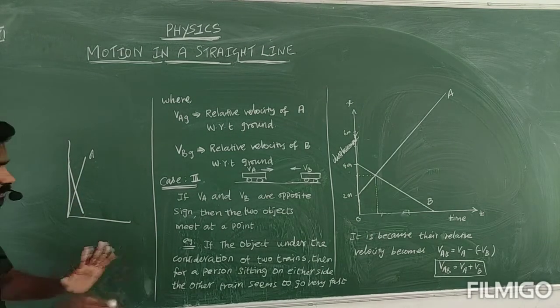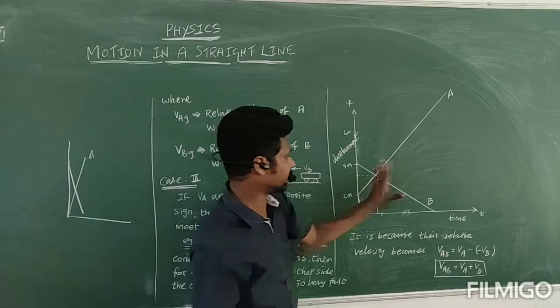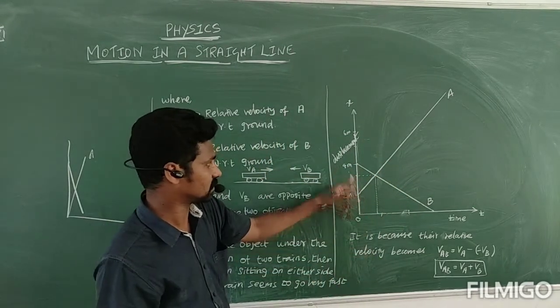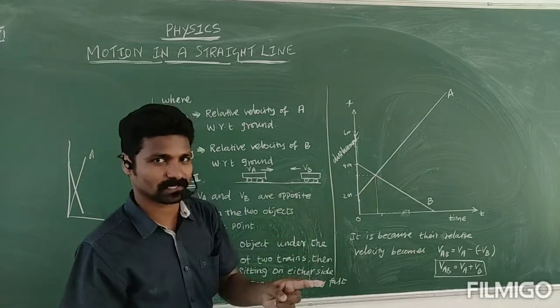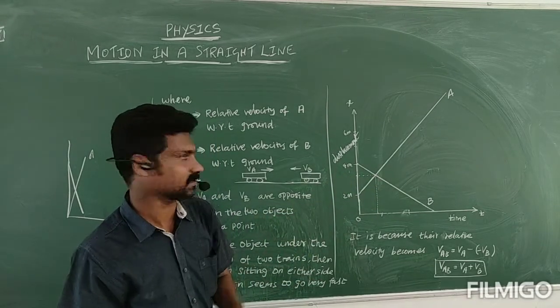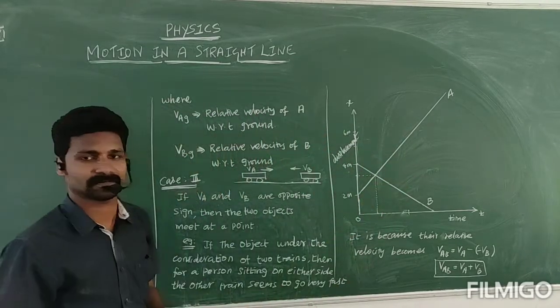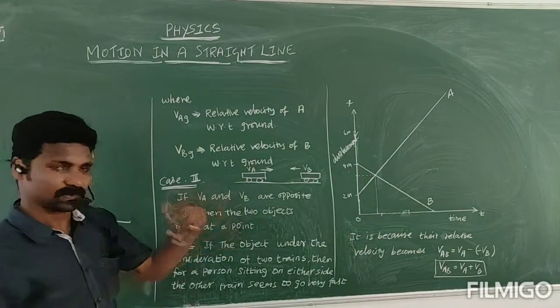The B object has very high speed in the opposite direction, so the slope is like this. The slope value changes depending on the speed. But anyhow, the common factor is that one slope is in the positive direction and the other is in the negative direction, that means opposite direction.